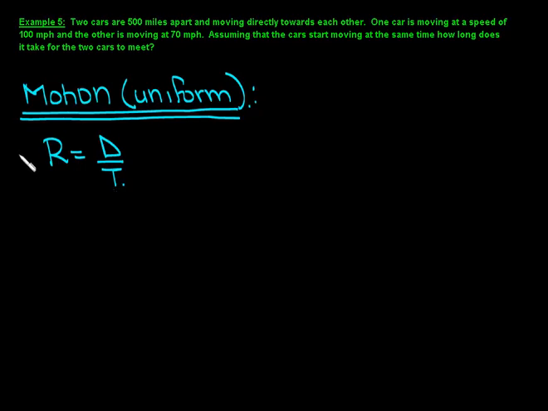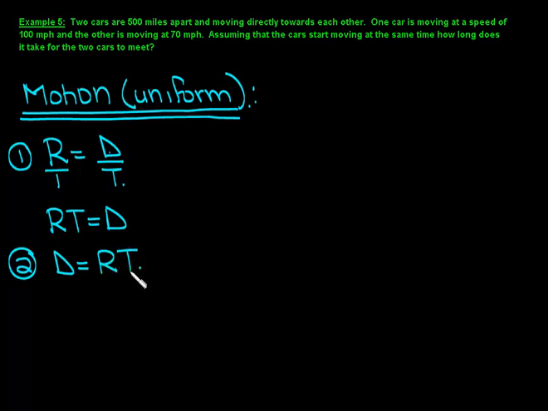Now this is one formula for motion. I can easily come up with a different formula for motion by just being a little bit creative over here. If you think about it, this is over 1. I have two fractions equal, so we can cross multiply, correct? So if I cross multiply, you get RT is equal to D, 1 times D is D. So this gives me the second formula for motion that tells me D is equal to RT.